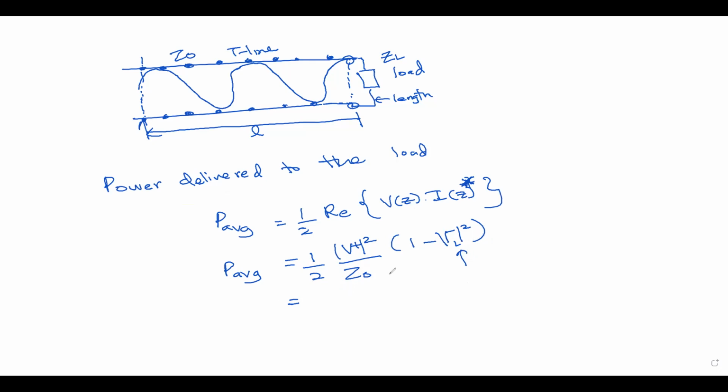Just as in normal circuits we take V squared over R as the power, here we additionally multiply by 1 minus tau L squared to account for the reflected wave. V here is the maximum amplitude that we can observe in the incident wave. So that is basically regarding the power delivered to the load.